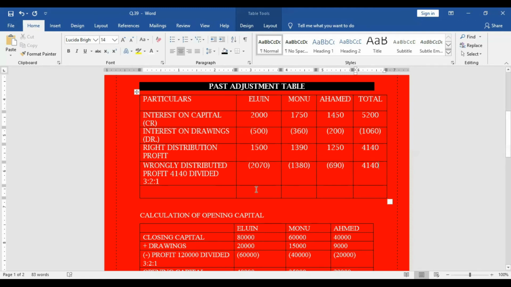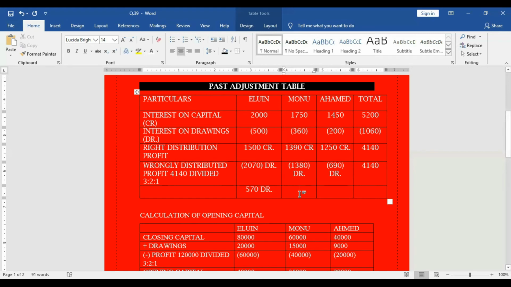Now we have to see the difference. This is the credit item, this is the debit item. Here the debit is 570 higher, therefore Yelun's capital has to be debited by 570 in the adjustment entry.